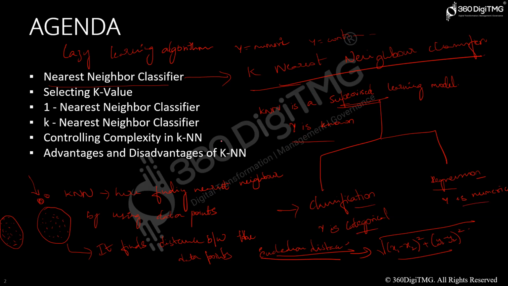And how do you know which group a data point coming in has to go into? By using the Euclidean distance. Another name for KNN is lazy learning algorithm, because lazy learning means it learns slowly. Okay, so let's see.